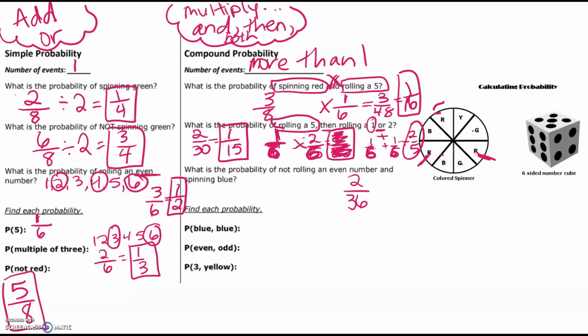Okay, that's where that came from. And now we multiply. 1 times 2 is the 2. 6 times 6 is 36. And if you divide both of those by 2, well, 2 divided by 2 is going to give you 1. And 36 divided by 2 is 18. So 1 over 18.